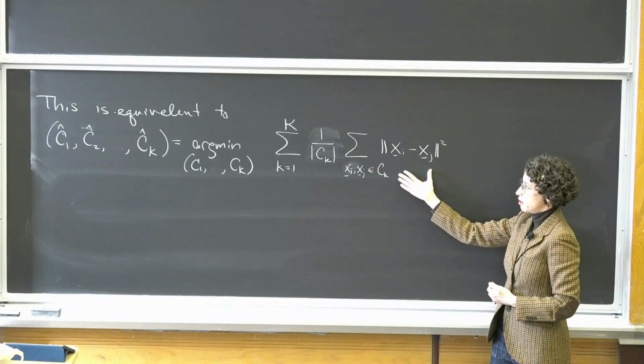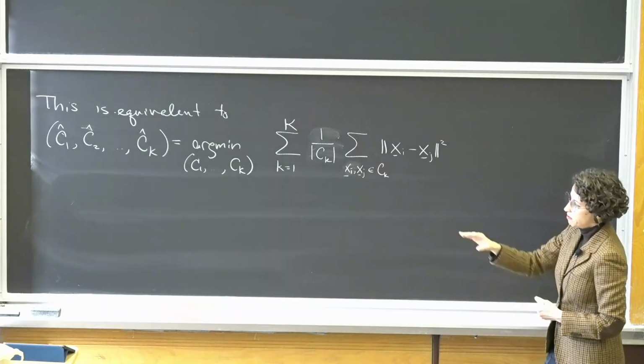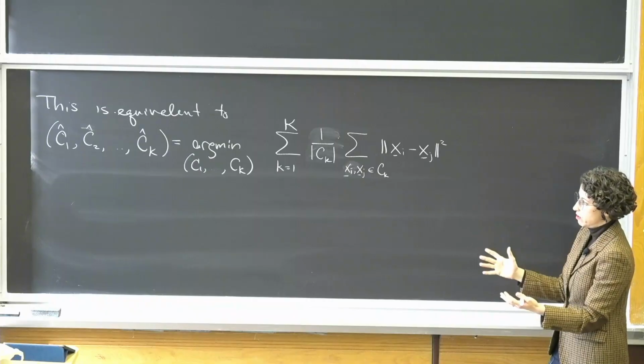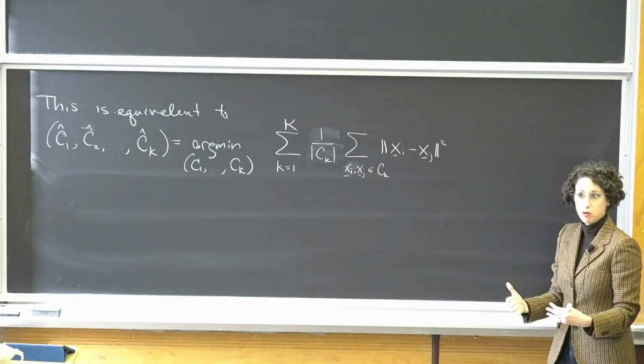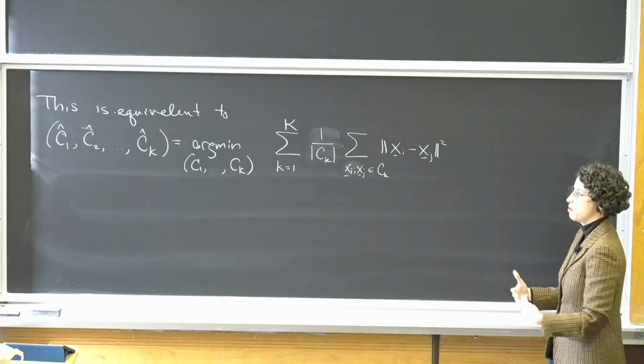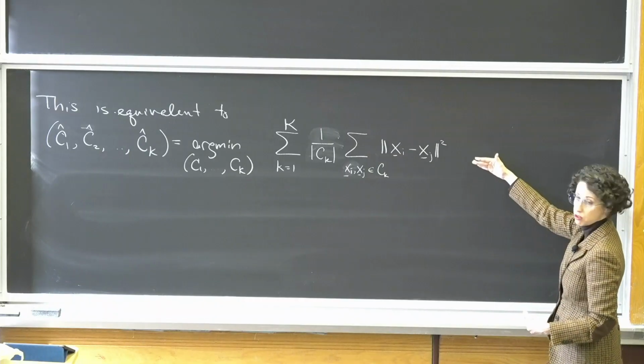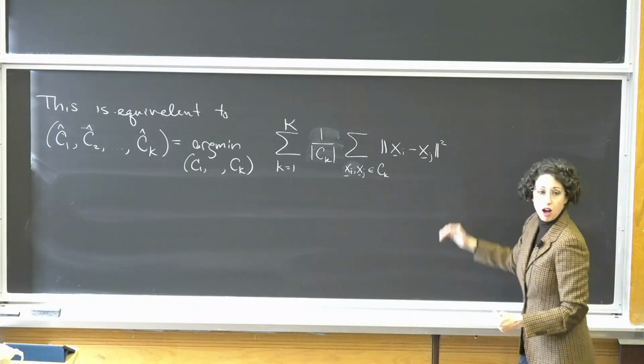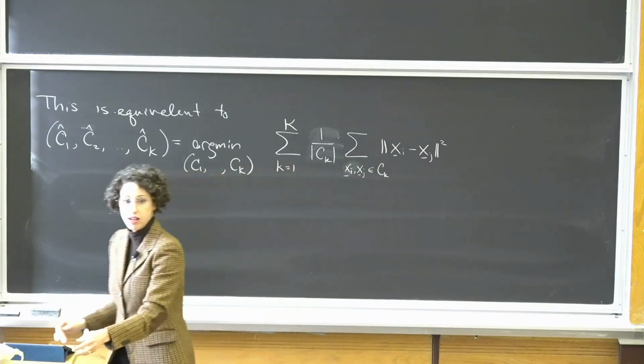So this goes right back to our original definition of clustering, but the first objective function I wrote down is going to be tied much more directly to the k-means algorithm and how we go about actually trying to estimate clusters from this. Are there any questions so far? Yeah.